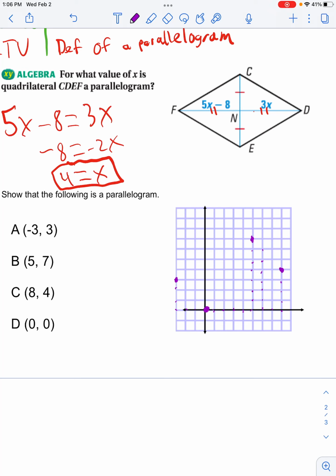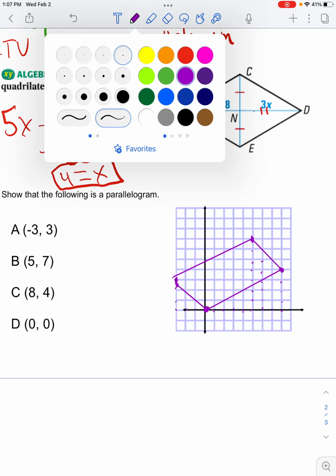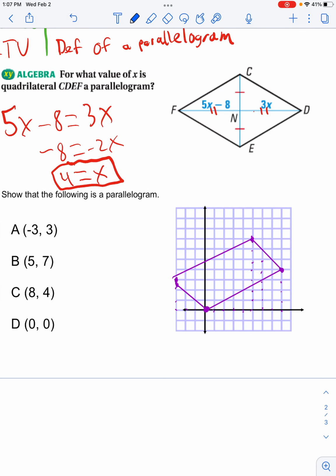And 0, 0. So let's connect the dots here. Ooh, that one didn't work. Redo that one. Okay, close enough.